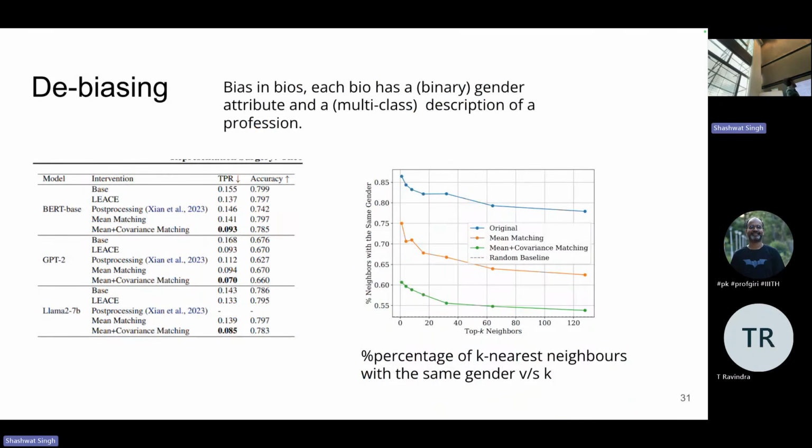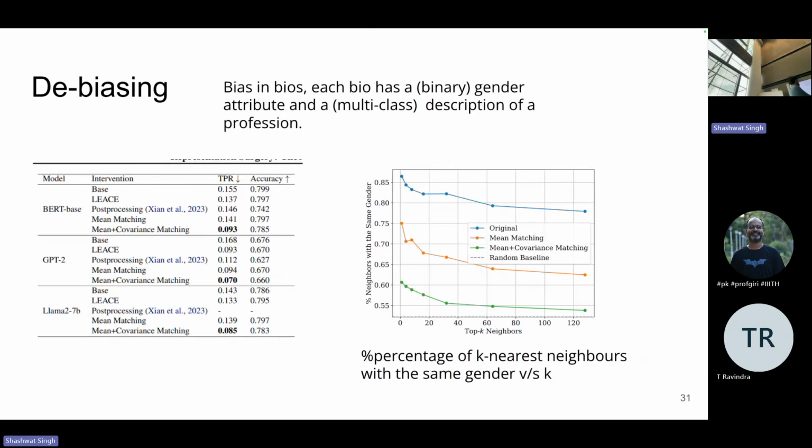So the left table is just that the accuracy should not go down a lot, and the TPR gap should go down a lot. And that largely works out. The second baseline that I've written as LEACE here is the Belrose et al. result for erasure that we had earlier mentioned. So trying to do debiasing with steering works better than direct debiasing methods, right?